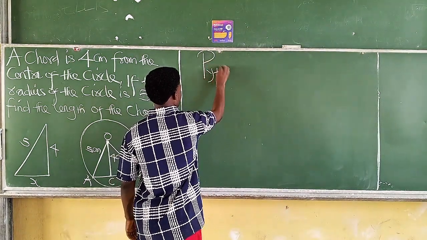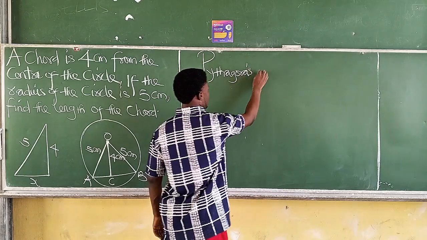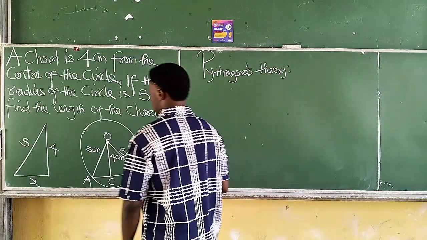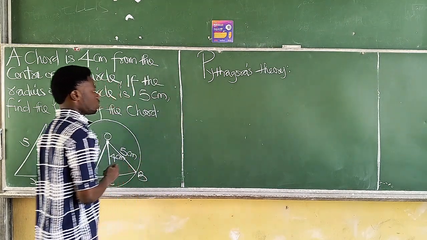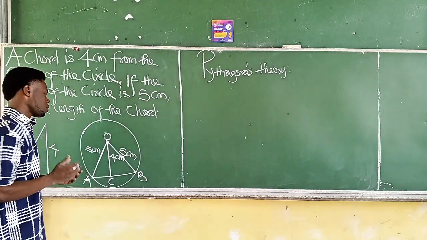Pythagoras theorem states that the square of the hypotenuse is equal to the sum of the squares of the other two sides of the triangle.